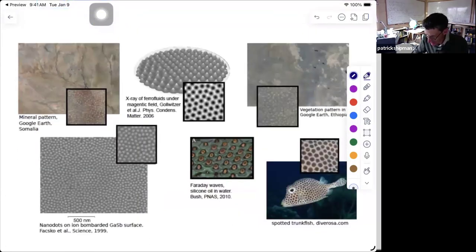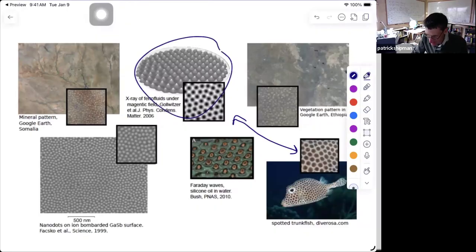Seeing our classic example here, the one on the lower right was from a biological system, and the one in the middle up there is a ferrofluid. This group has a ferrofluid, a magnetically responsive fluid. They put it in a magnetic field and it forms that structure.